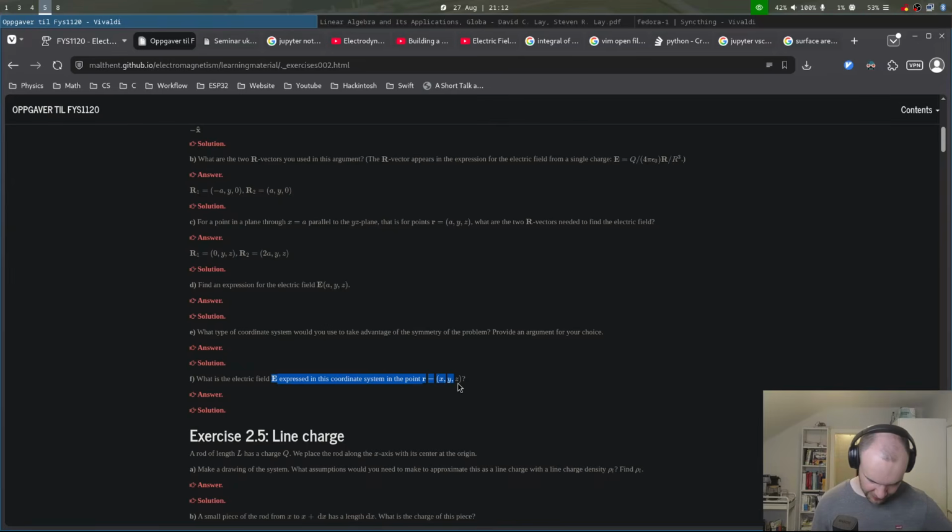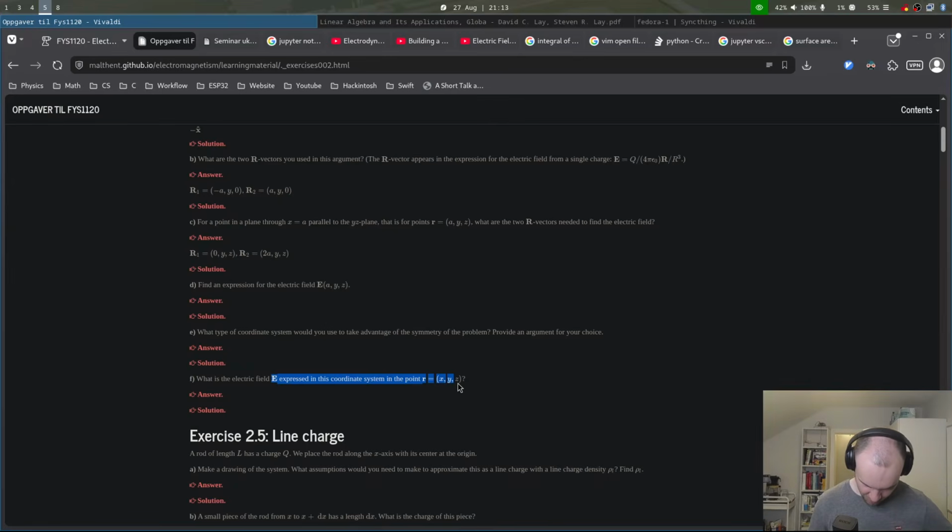That's correct. And the second one, so this was E1 now, and the second one, E2, of course they are vectors, is now minus Q over 4 pi epsilon 0. Now instead we have x plus a in the x hat direction. We still have that same rho argument, right?